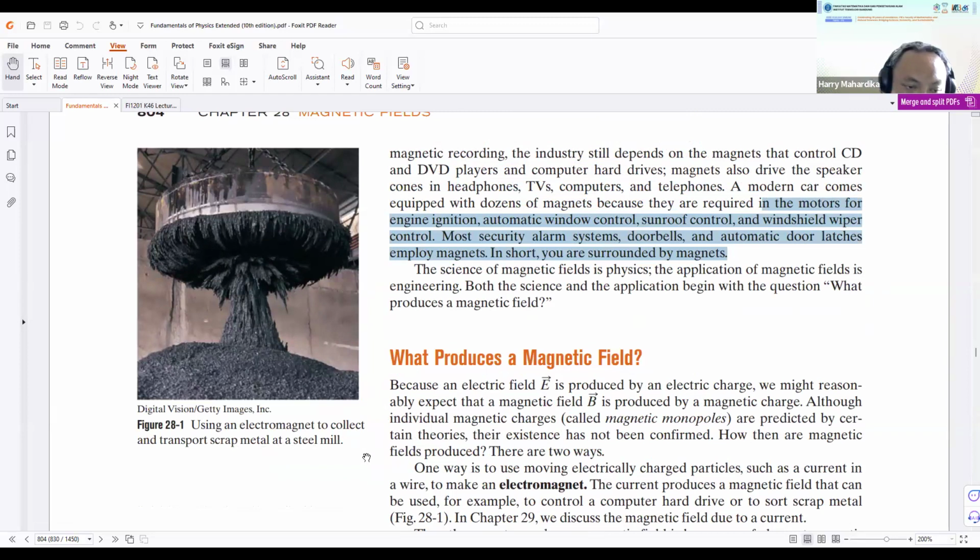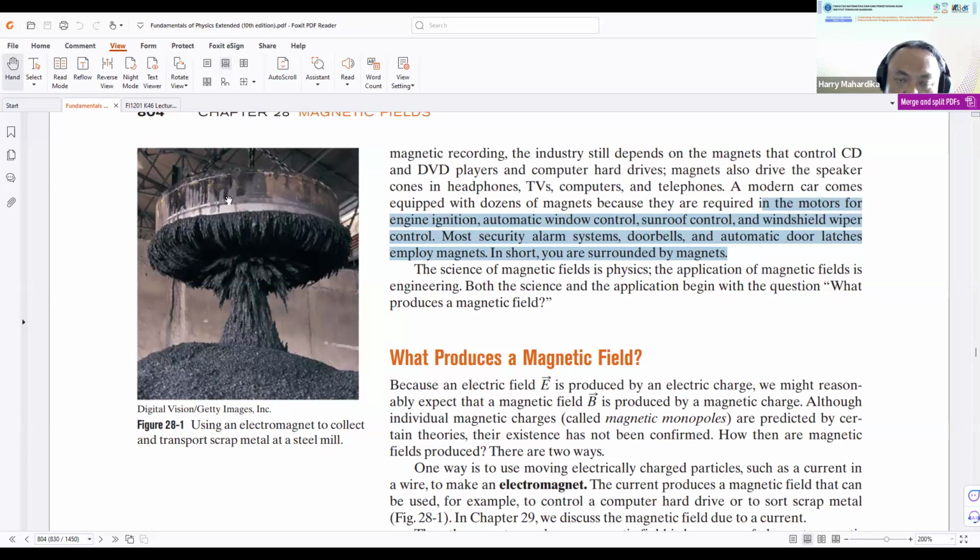In the textbook, we see an application of this, an electromagnet. This huge cylindrical metal will be electrified, connected to an electrical source, so that electrical currents flow through this metal.